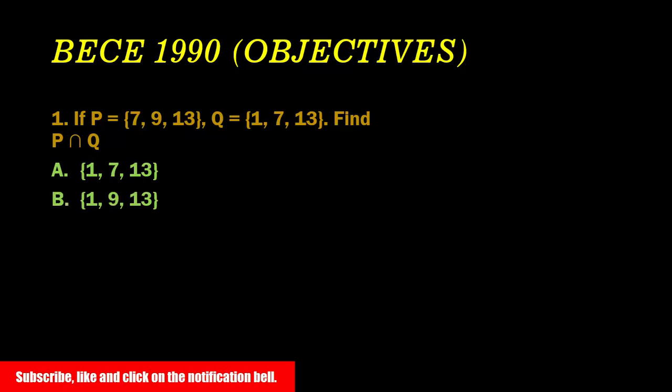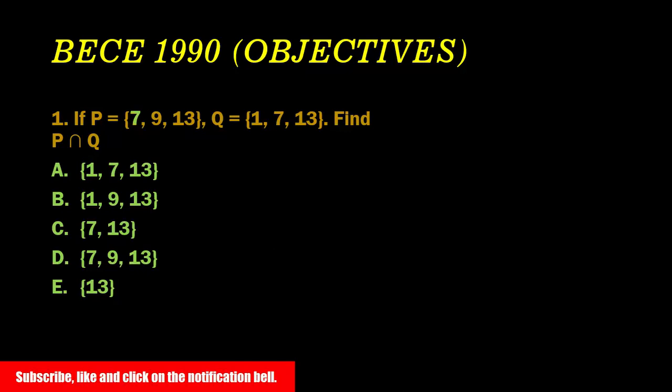Option B, the set of elements 1, 9, and 13. Option C, the set of elements 7 and 13. Option D, the set of elements 7, 9, and 13. Option E, the unit set with only one element, 13.